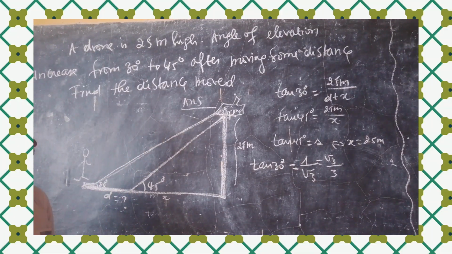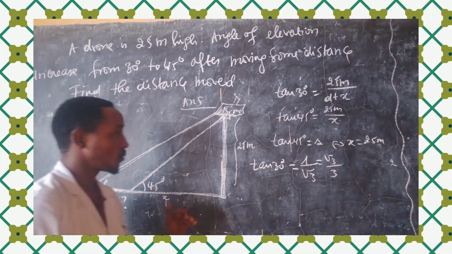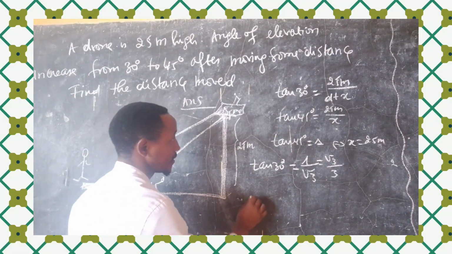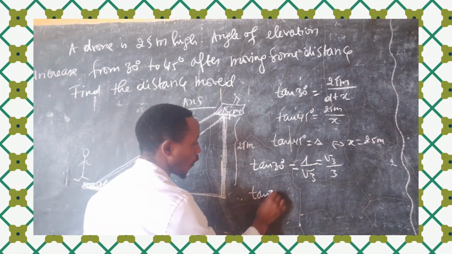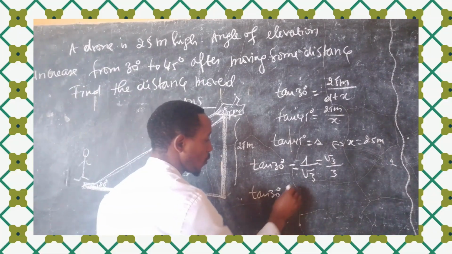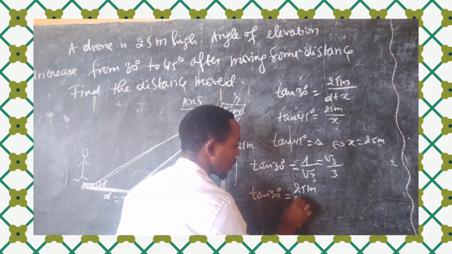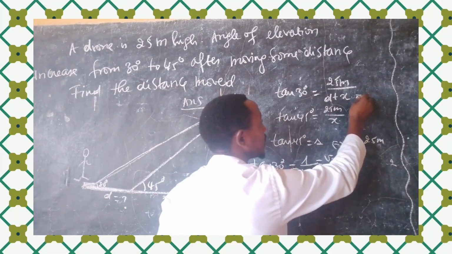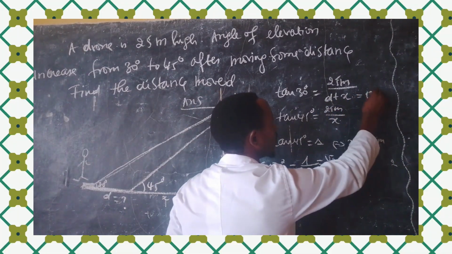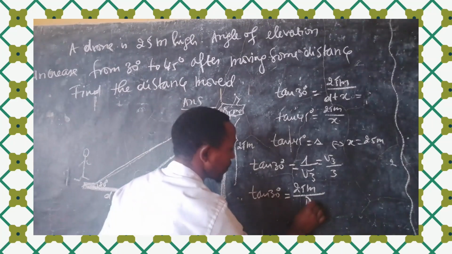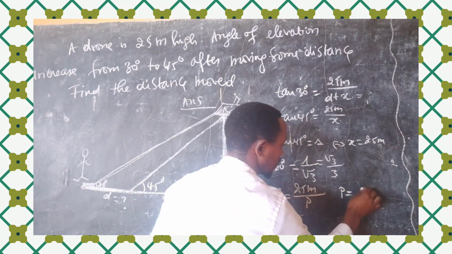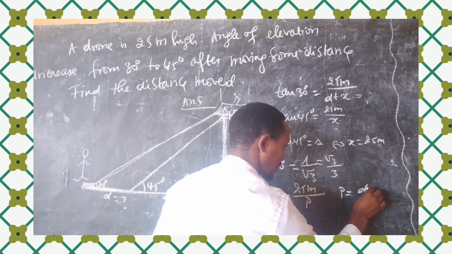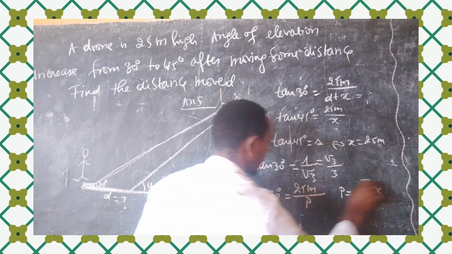When you replace this value above, you see that tan of 30 degrees is equal to 25 meters divided by d plus x, let's say equal to p, where p is d plus x.